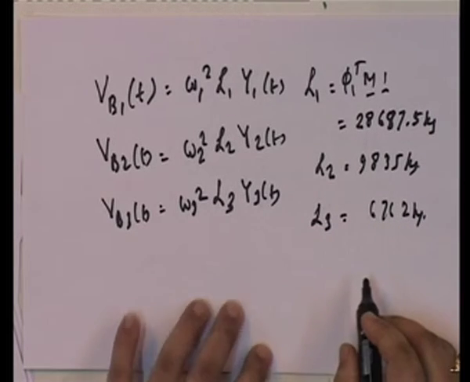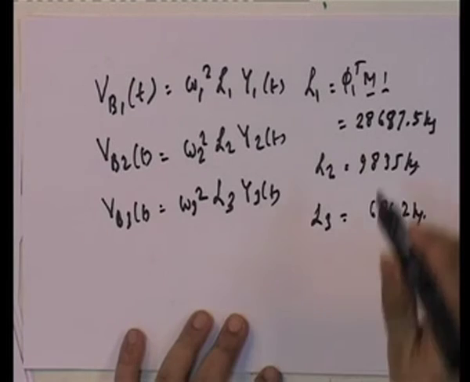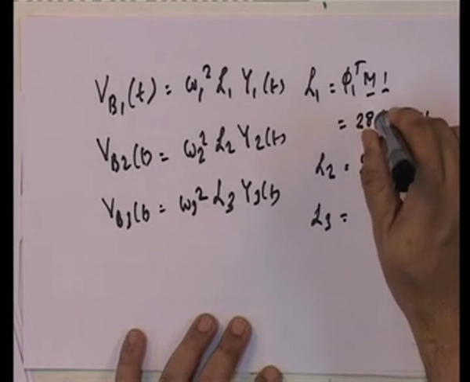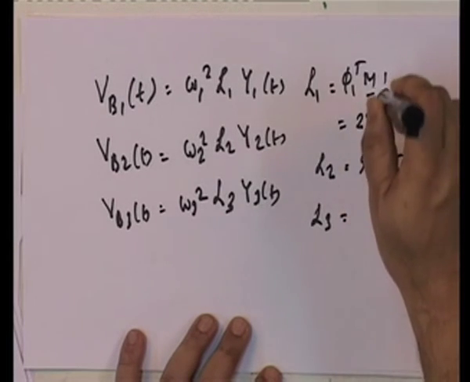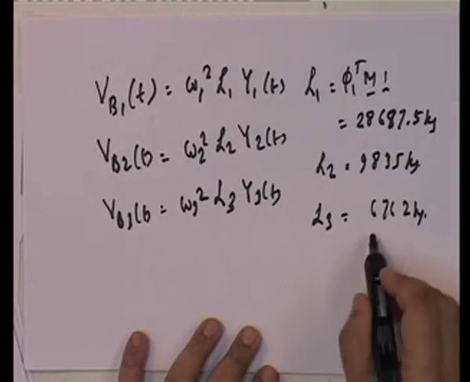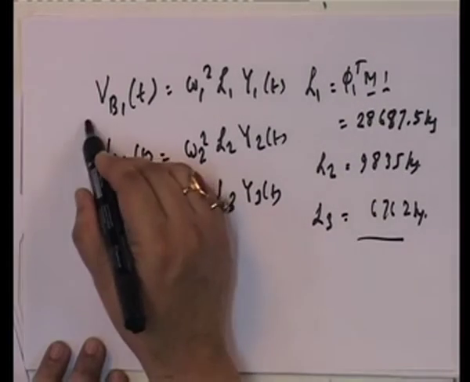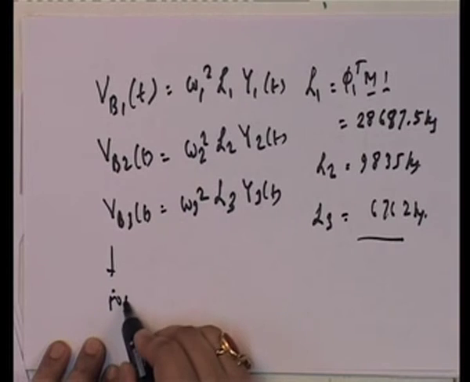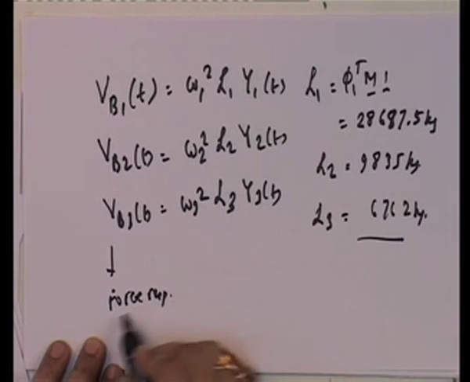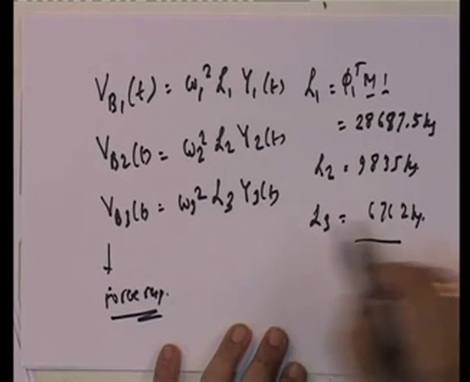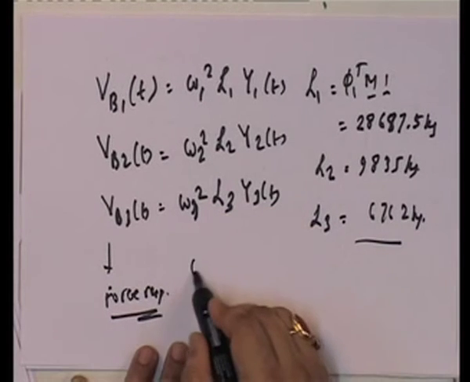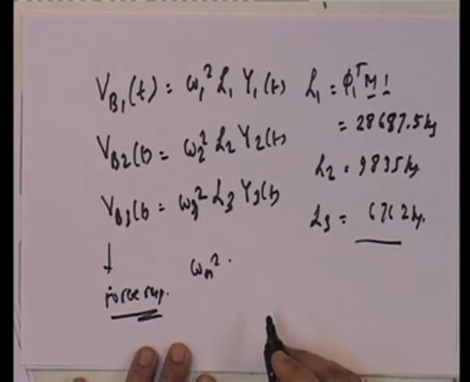Note something very interesting, and that is that L is also a quantity which decreases with mode number, but this is a force response. Note that even if these go down, they are multiplied with omega n squared.